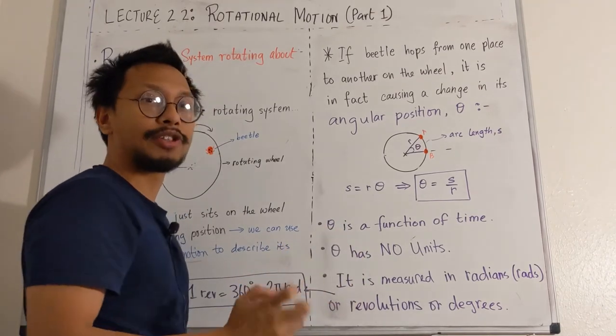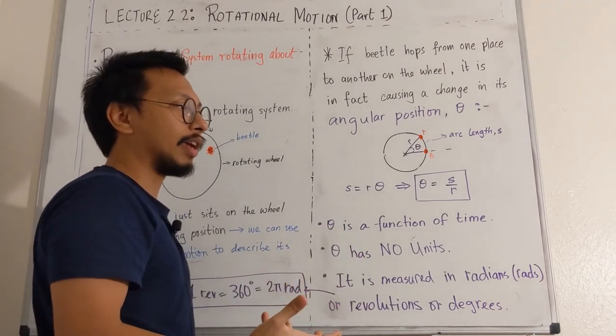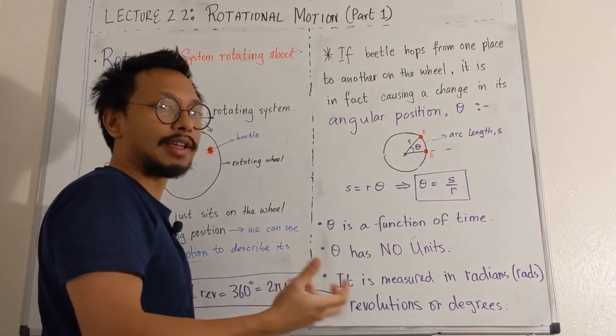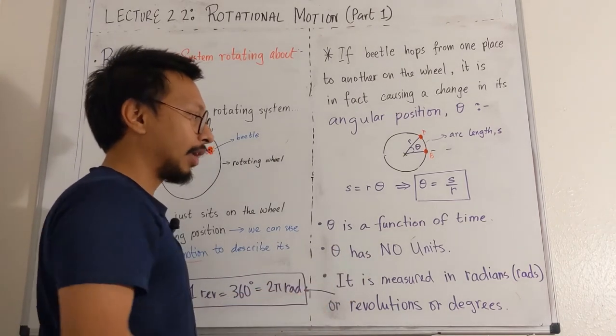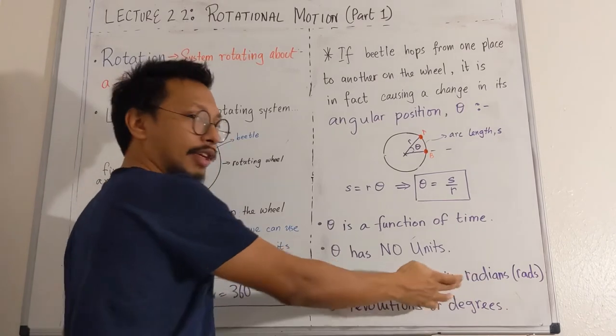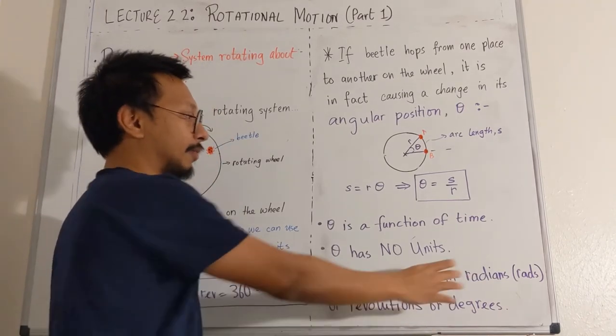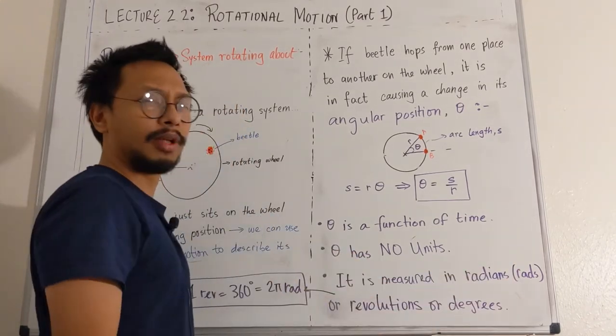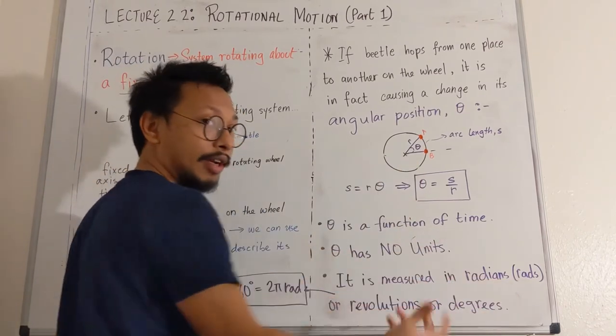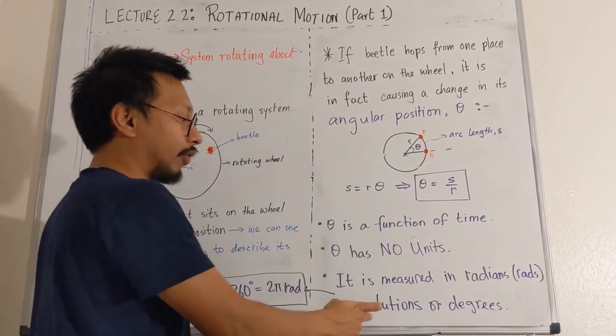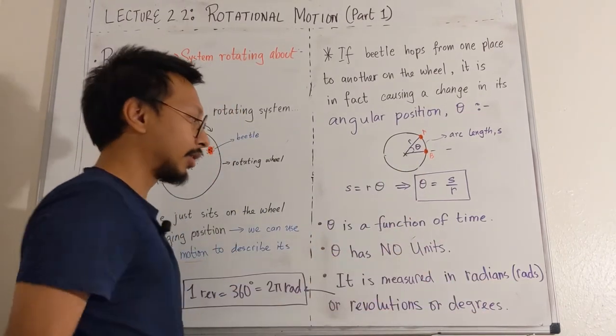And theta is just a measure of an angle, it's just a number, and so has no units. However, it is given a measure. Measure is something like a size given to a variable, and that measure is done in radians, because in physics the measure of a circle is usually in radians, or revolutions or degrees.